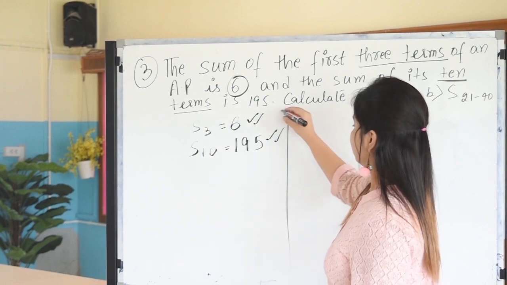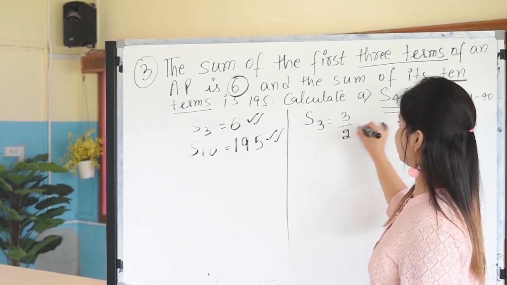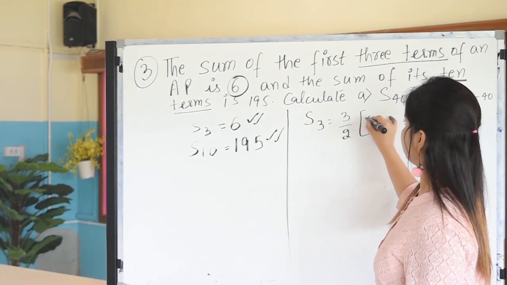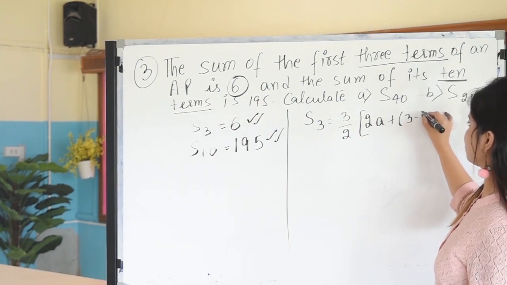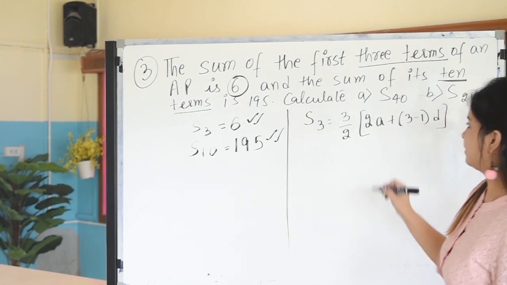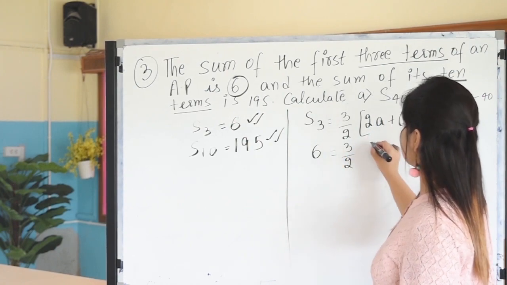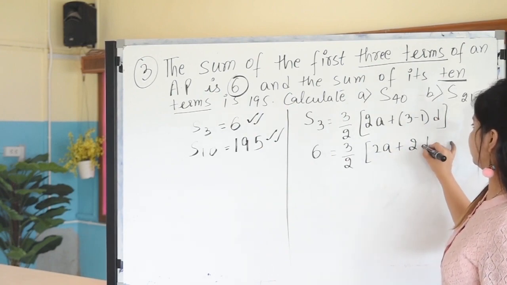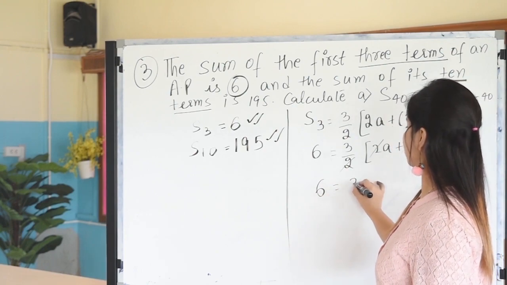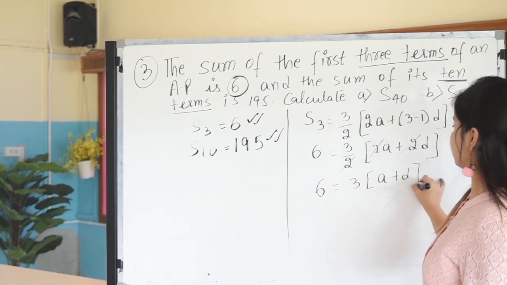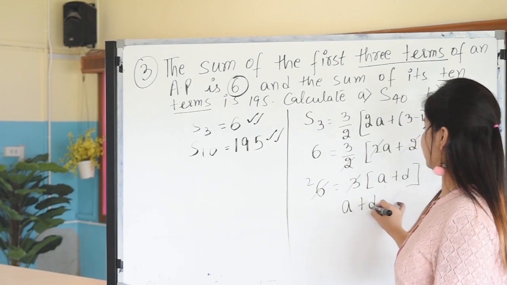Let's try. Use the formula. Sn is n over 2 times (2a plus (n minus 1) times d), where n is 3, so n minus 1 is 3 minus 1. S3 is 6, so 6 equals 3 over 2 times (2a plus 2d), or I can say 6 is 3 times (a plus d), or you can say a plus d is 2.